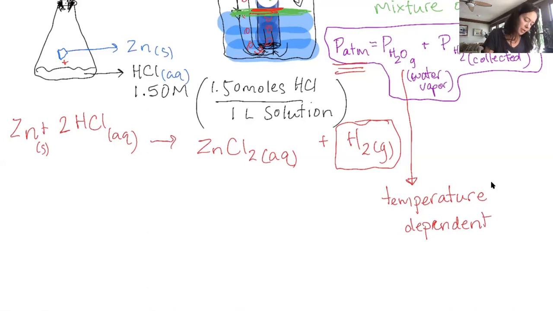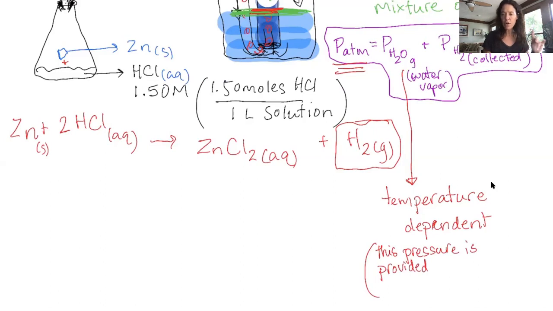Typically, this pressure is given. It's usually provided to you. If it's not, you can always look it up, okay? The vapor pressure of water is usually provided. You can always look it up, right?